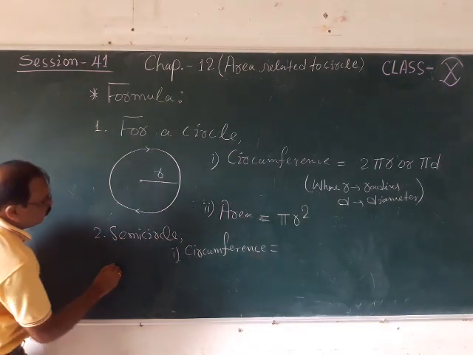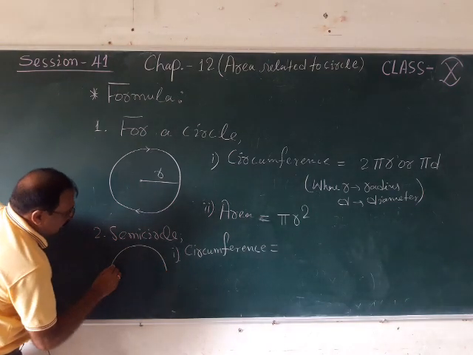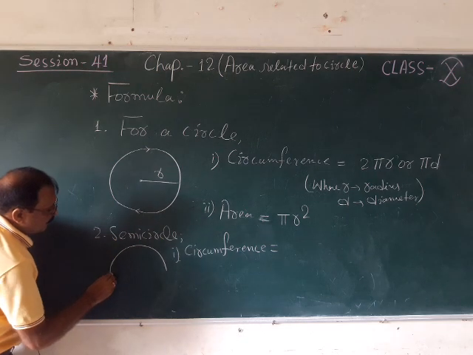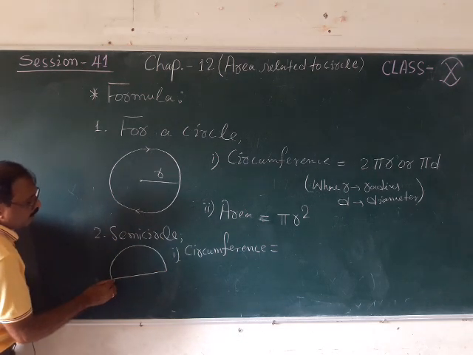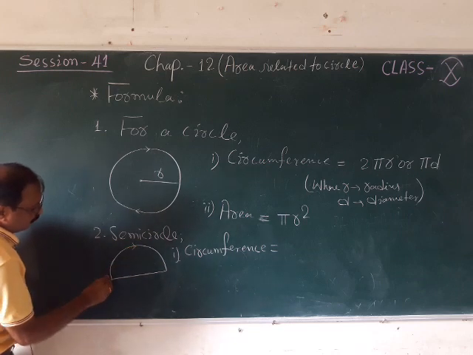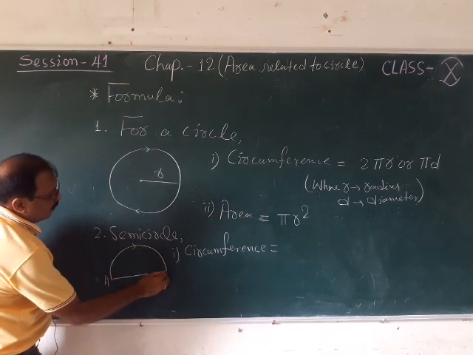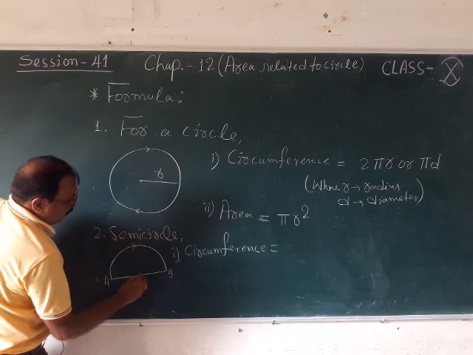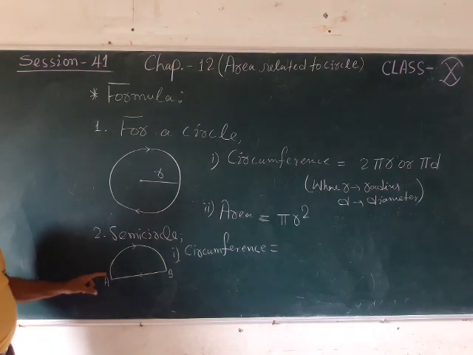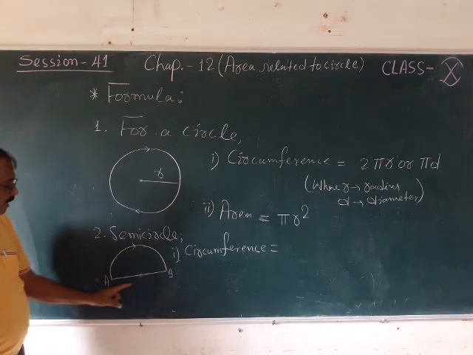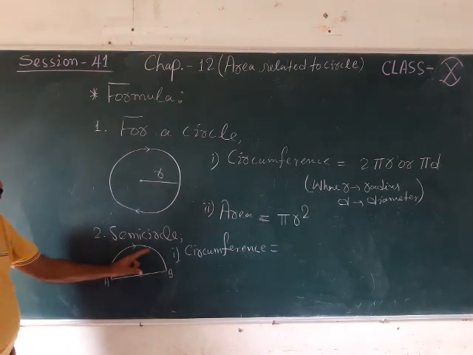If you will look at the figure of a semicircle, then here suppose it is the diameter. Here it is the diameter. So if you are going through A and going to B and coming back to A, you are starting from A, going to B, again coming back to A, that is the total circumference.